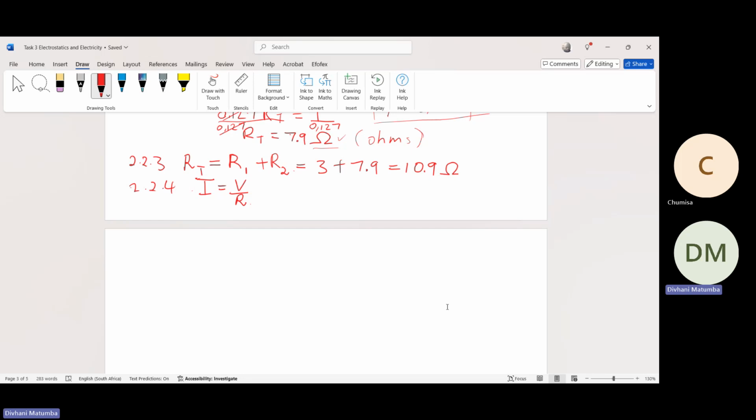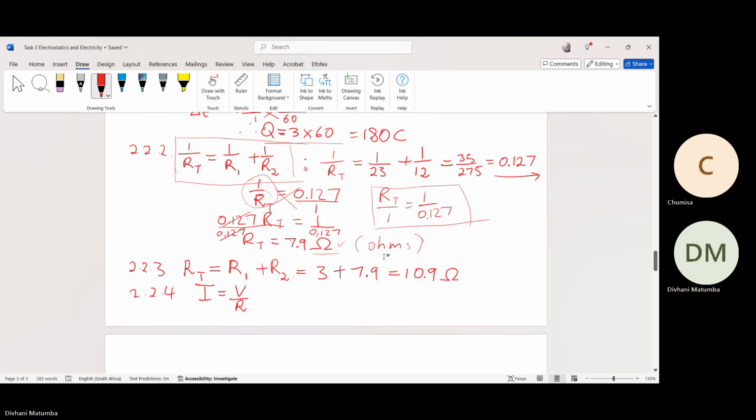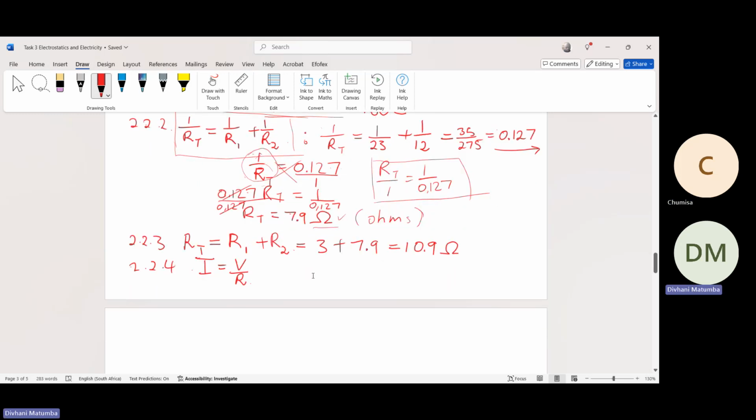So we need to calculate the total flow of electrons in the circuit. So in order for us to solve the potential difference, we need to have the current.